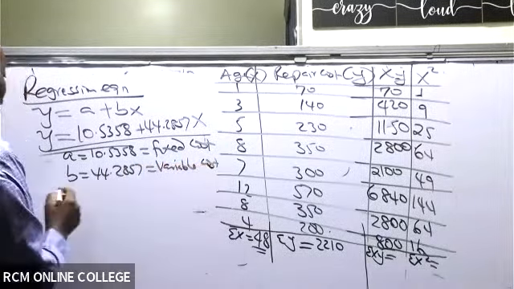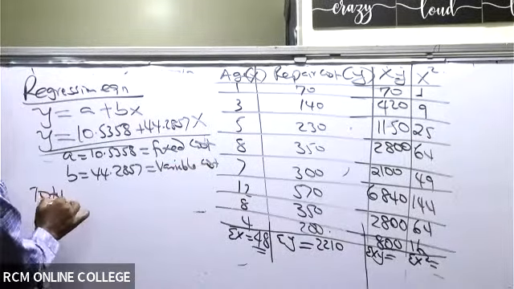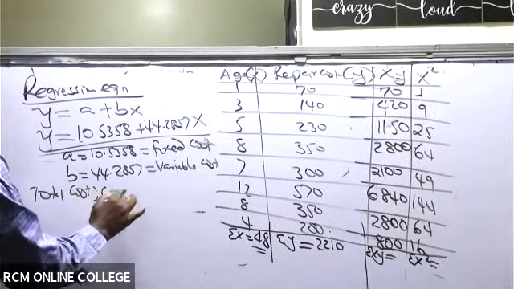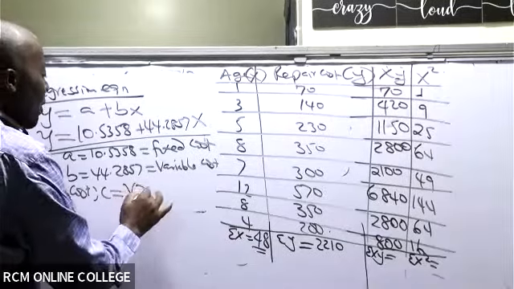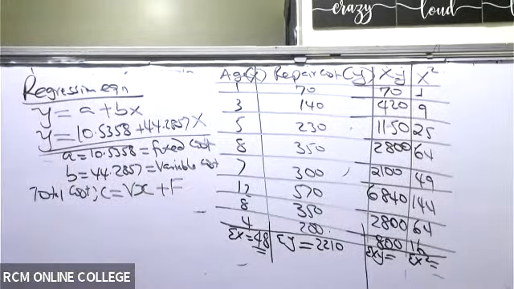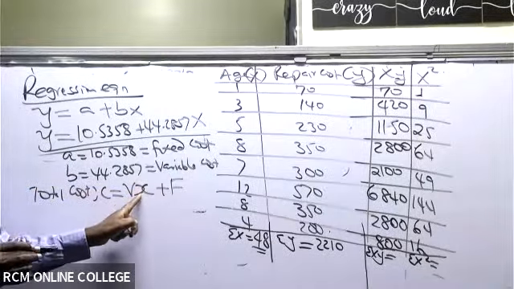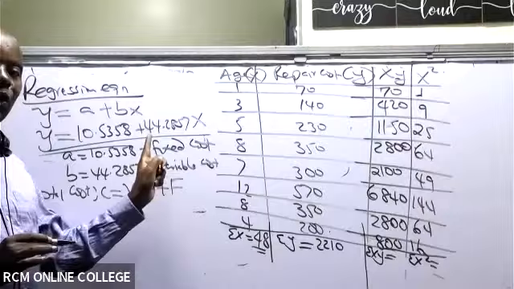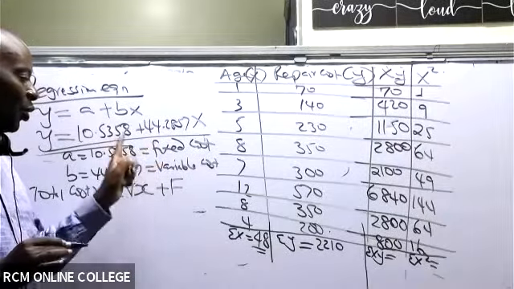Ladies and gentlemen, remember generally our total cost C equals Vx plus F. The one that has X is what varies, so this is the variable cost.